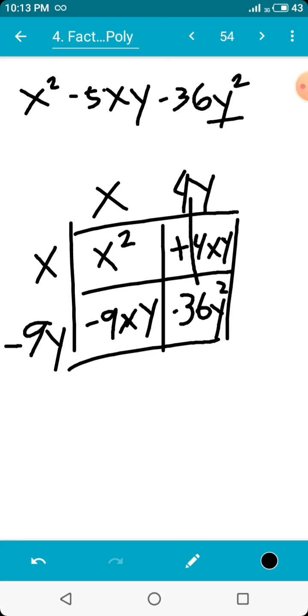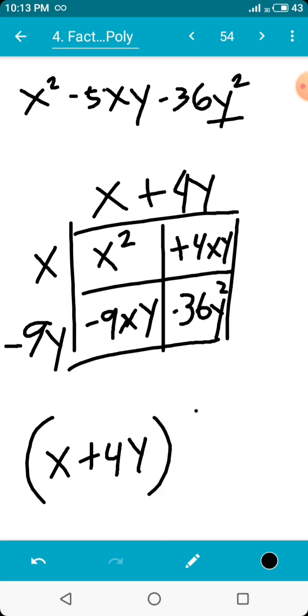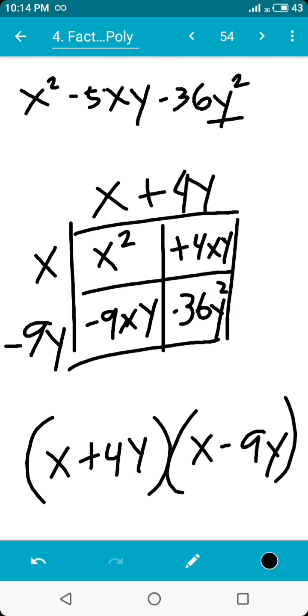And then, 4y times negative 9y, that is negative 36y squared. So, tama naman. So, ibig sabihin, positive yung sign ng 4y. So, yung factors natin ay x plus 4y and x minus 9y. Okay? So, same factors naman yan nung kinuha natin kanina.